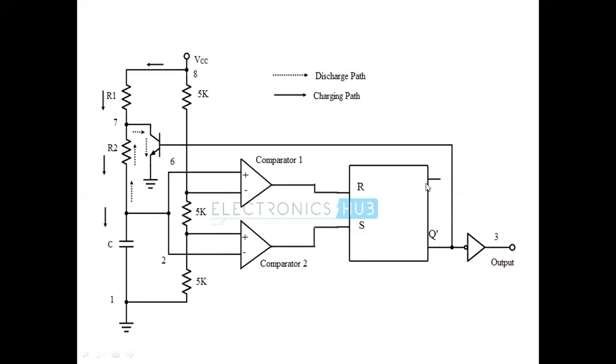The output will be 0, and here we have logic 1 output and the final output will be 0. If it is 1, the transistor will be on, and the capacitor again discharges towards the ground potential by using the resistor. So the cycle repeats itself.